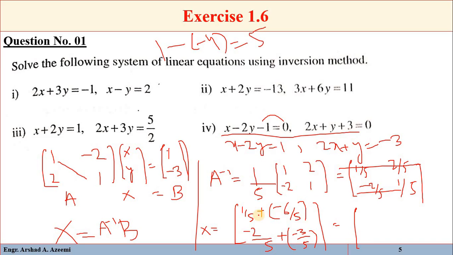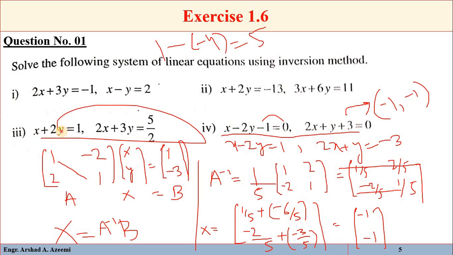So 1 by 5 plus minus 6 by 5, it will be minus 5 divided by 5, it is minus 1, and minus 2 by 5 plus minus 3 by 5, it will be minus 5 divided by 5 is equal to minus 1. So the solution of this question number 4 is minus 1 and minus 1. Okay, similar procedure will be used for this question.